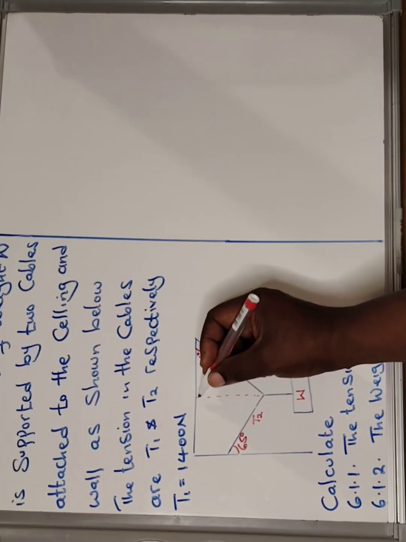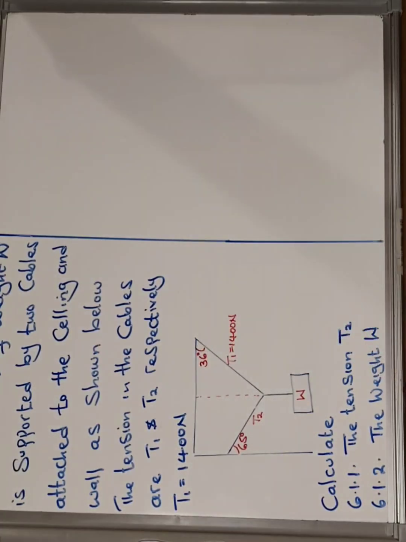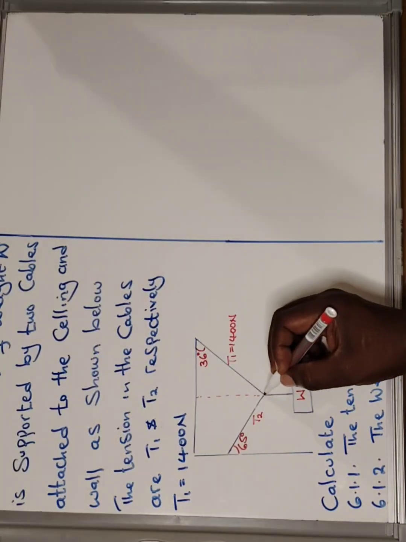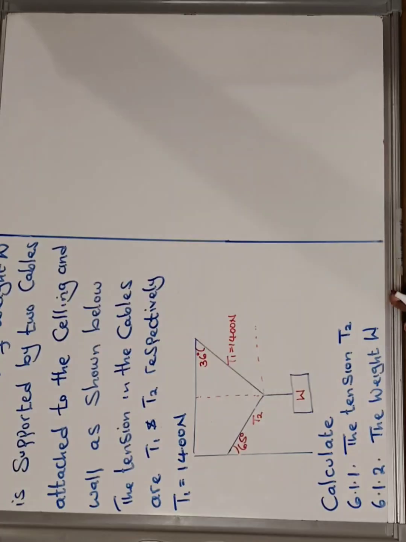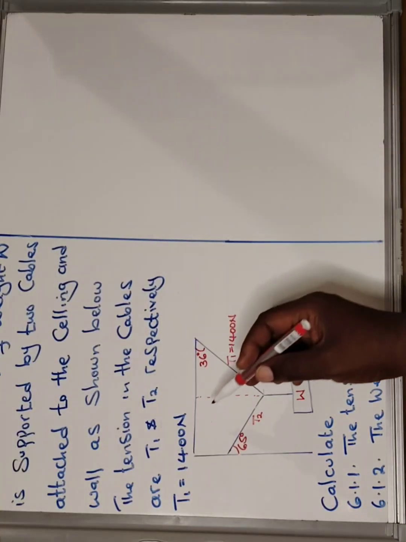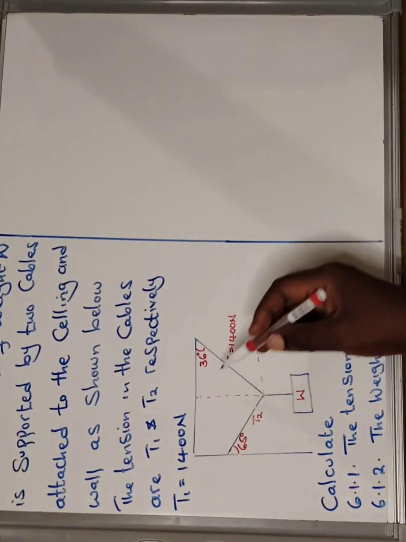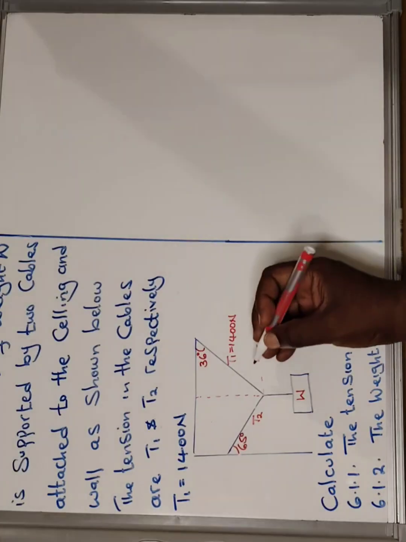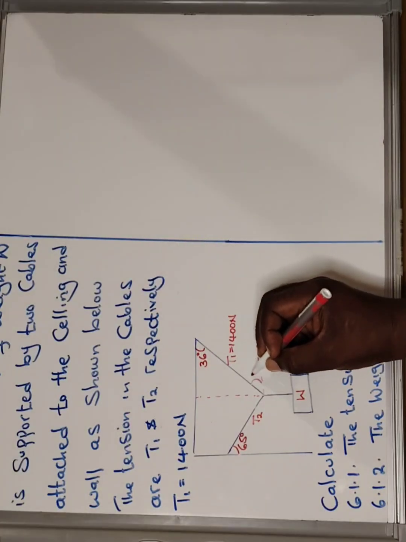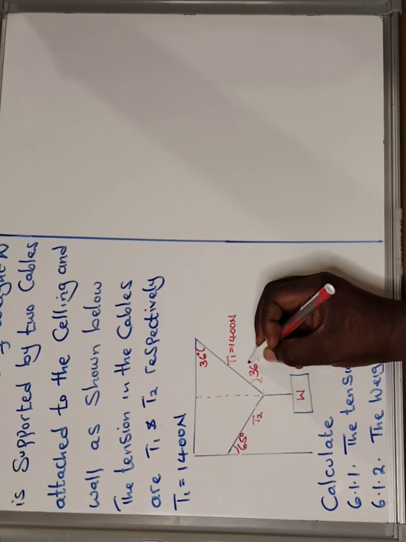If we take this one to be a straight line, and we take this one to be another, I'm trying to construct the components of T1. And from what I'm observing here, these are alternate angles. So what we have here is 36 degrees.